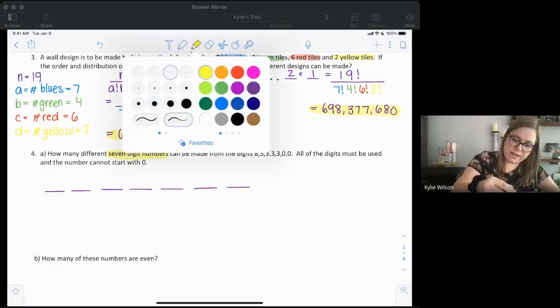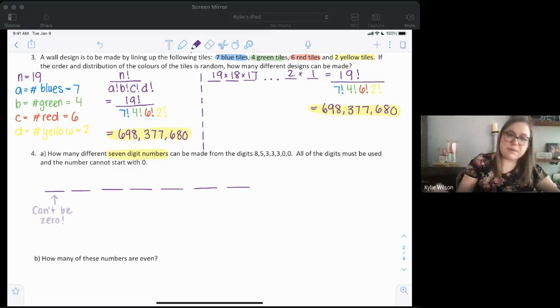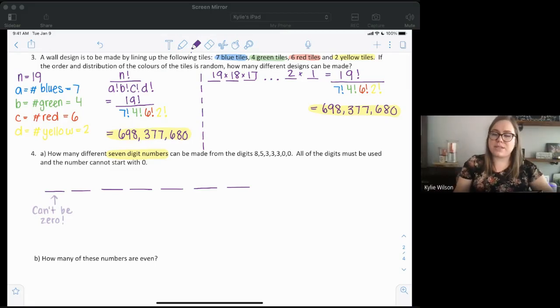The first one is that this first one can't be 0. And remember, it can't be 0 because we can't start it with 0 and still have it be a 7-digit number. So if I look at all of my different numbers, this one could be an 8, a 5, a 3, or a 3. So there's 4 options.